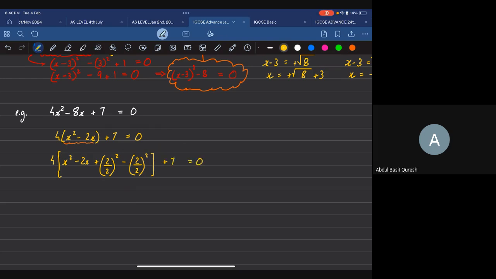Then I can isolate this part again. So I can rewrite this as, it looks a bit to me like a squared minus 2ab plus b squared, which is equal to a minus b whole squared.